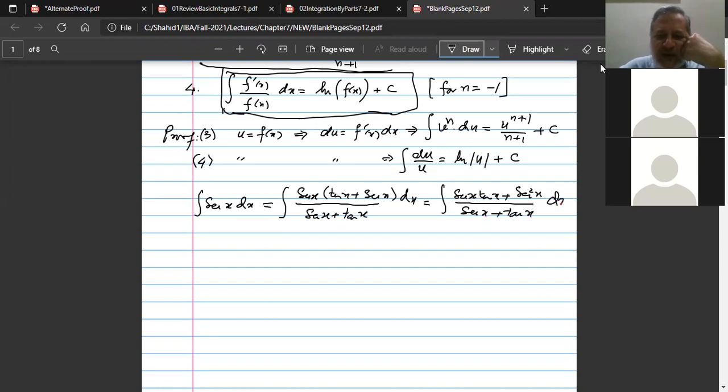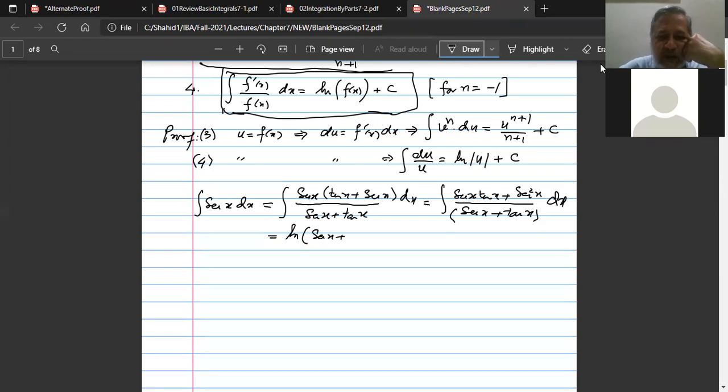Note that now we have a denominator whose derivative is exactly present in the numerator: the derivative of secant is secant tangent, and the derivative of tangent is secant square. That is the form, a function in the denominator and its derivative in the numerator, so it goes into the log of the function in the denominator, plus c. This kind of technique is very frequently used.